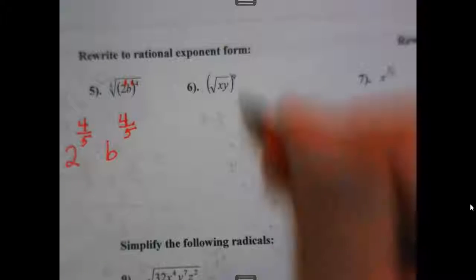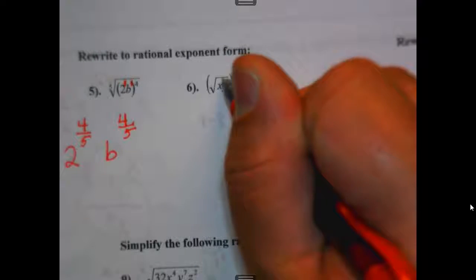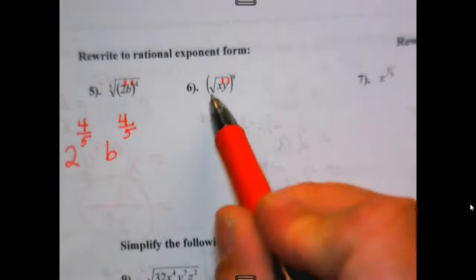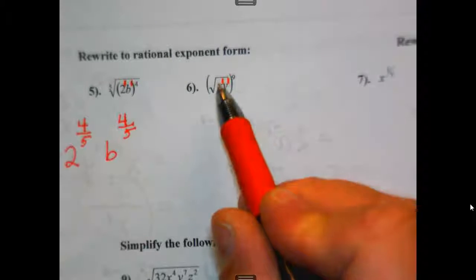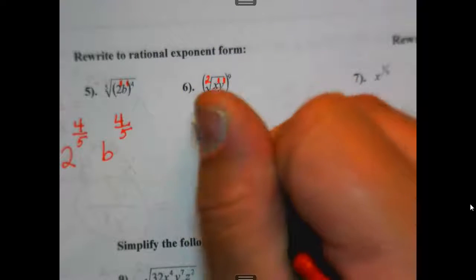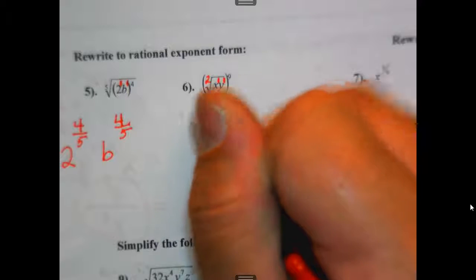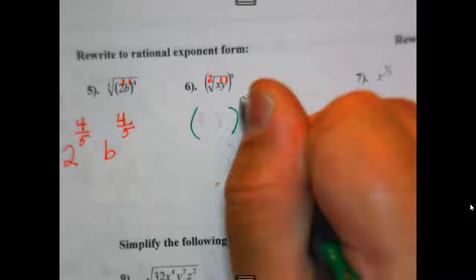All right, number 6, there's an exponent of 1. What's the root if there's no number there? 2. You guys are right. So I'm going to just do the parentheses first, raised to the 9.